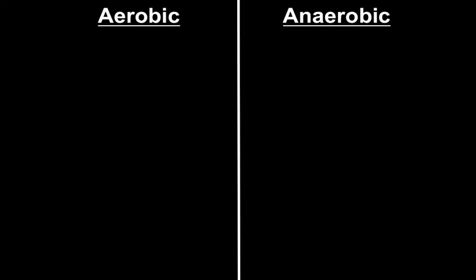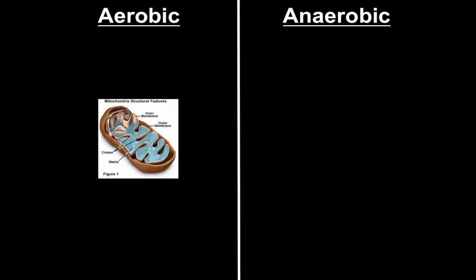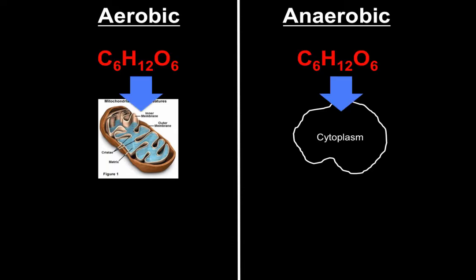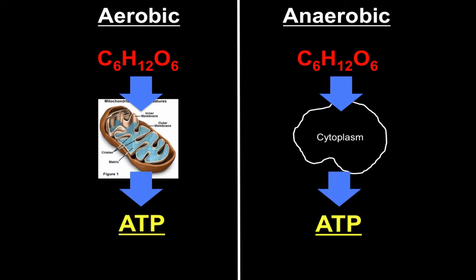So let's look at the processes of aerobic and anaerobic cellular respiration. In aerobic, it starts out in the mitochondria, anaerobic in the cytoplasm. In both cases, we're going to take glucose and we're going to convert it into ATP. That is the entire purpose of cellular respiration, to take glucose and make ATP.